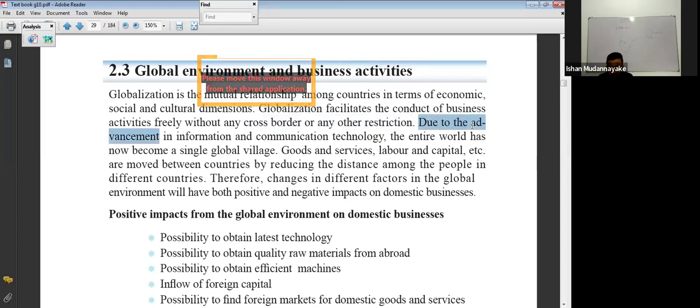Due to the advancement in information and communication technology, the entire world has now become a single global village. All right, globalization facilitates the conduct of business activities freely, without any cross-border or any other restriction.